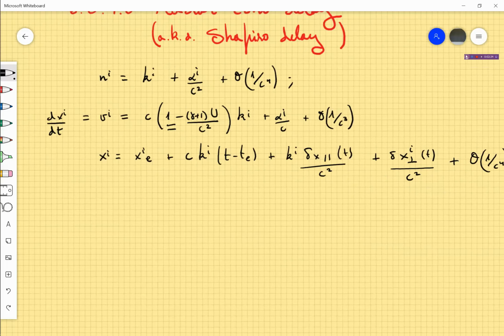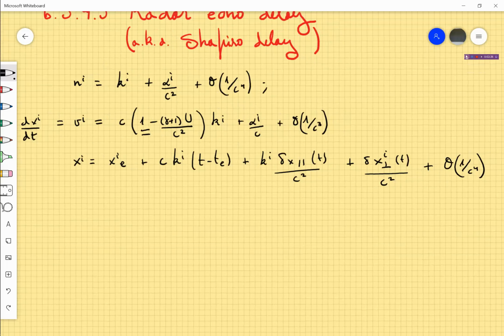Just by definition, if you take the derivative of this expression and compare with the expression for vi that we have there, it satisfies the equation: the derivative with respect to t of delta x parallel, which is a function of time, is minus c gamma plus 1 u.